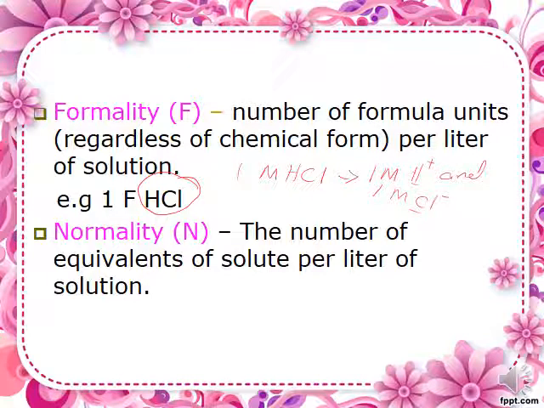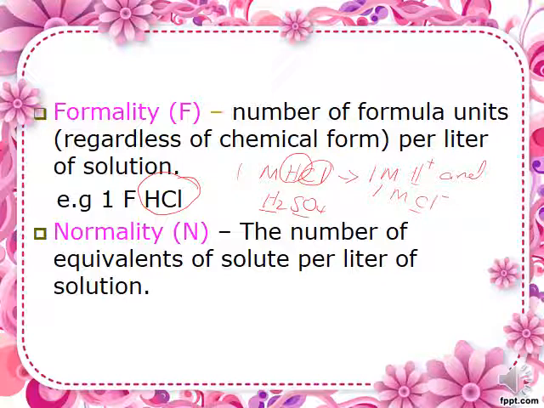This would not make much difference because it is 1 to 1, but it will be significant if it involves a different ratio, for example H2SO4. I will explain this in detail in the following learning unit.